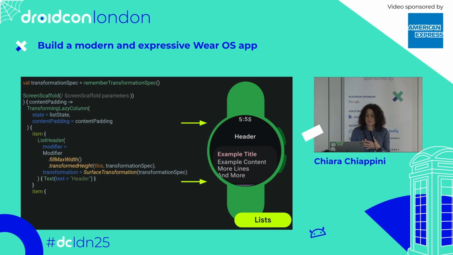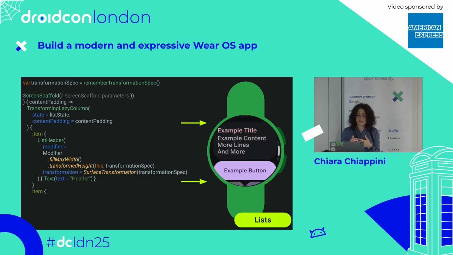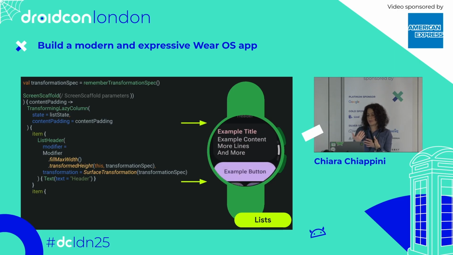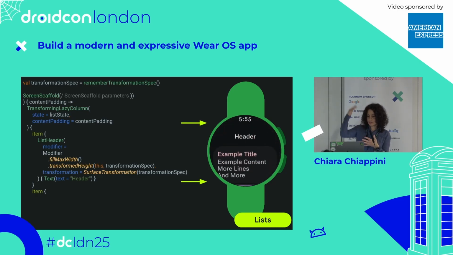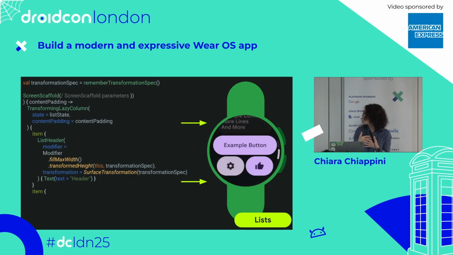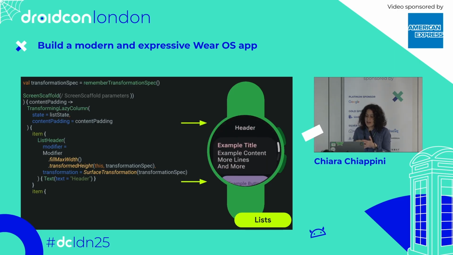One of the most important features of transforming lazy column is that it allows you to apply transforming effects to elements of the screen as you approach the top and bottom of the screen, where I put those yellow arrows.